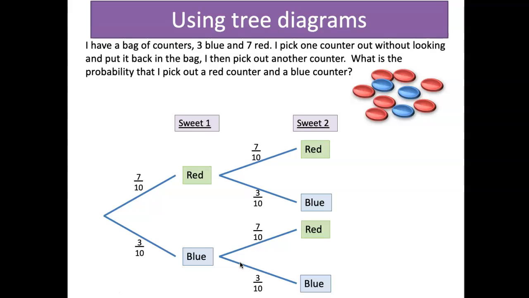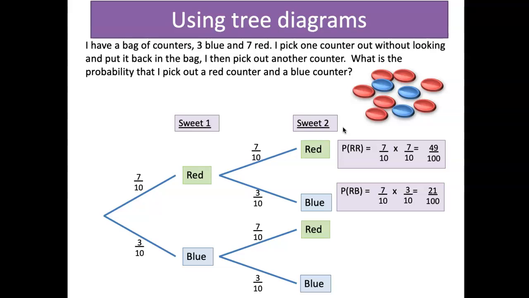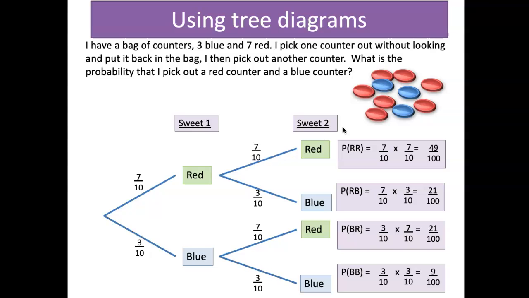Okay. And now, let's get the probability of getting a red and a red by multiplying each simple probability. Same thing with red and blue, multiply its probabilities, and then blue and red, and blue and blue. But on this problem, we want to find the probability of getting a red and a blue.